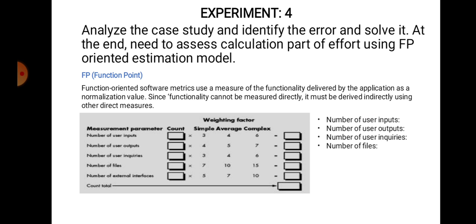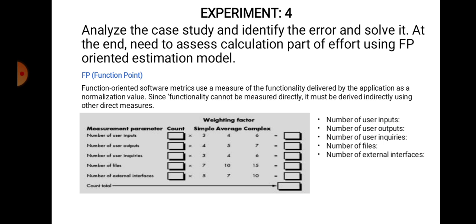Then the number of files related to the product, like image file, database file, media means video or audio file, and text file. So the count of those files is also important for the measurement.